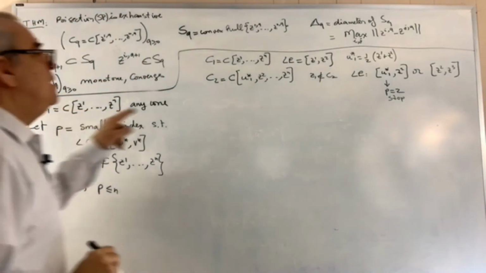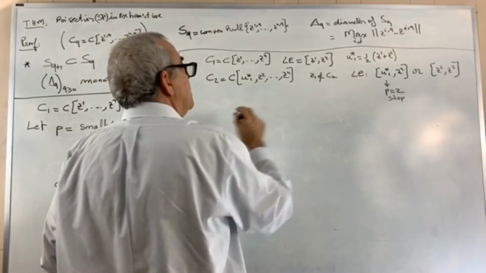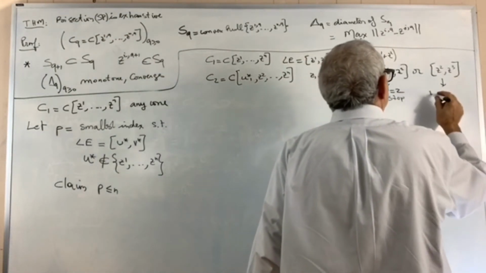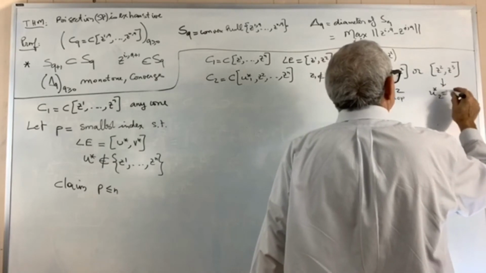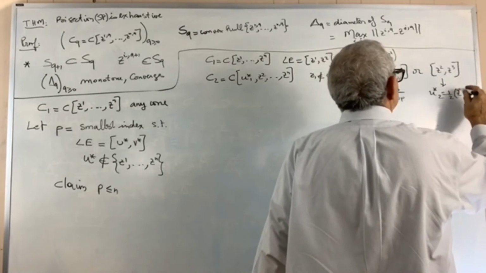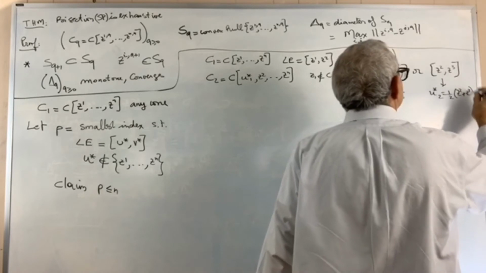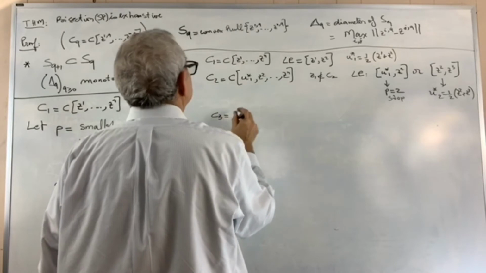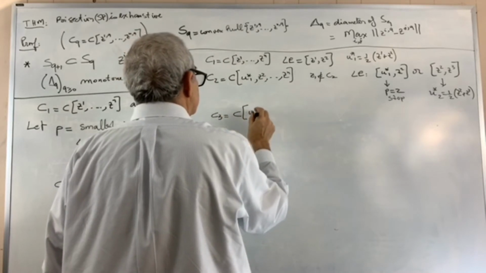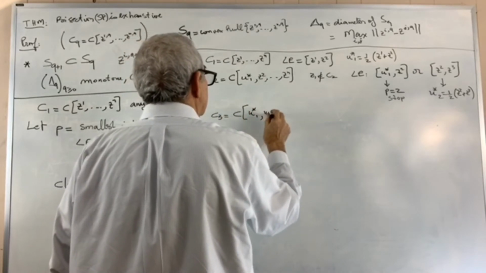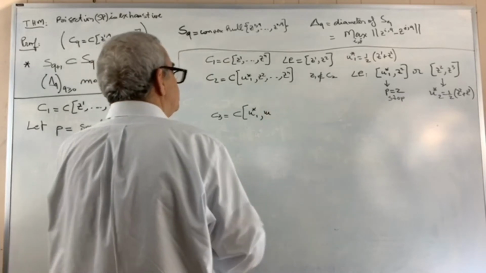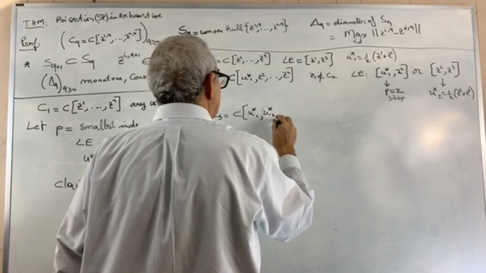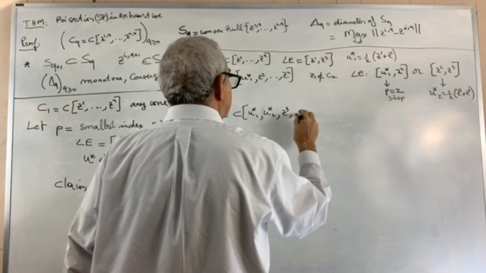We stop there. Otherwise, we go to C3. For this case, we form U star 2 equal to half of Z2 plus Z3, right? And then I form the cone C3 equal to C of U star 1, U star 2, and then Z3, etc., Zn.